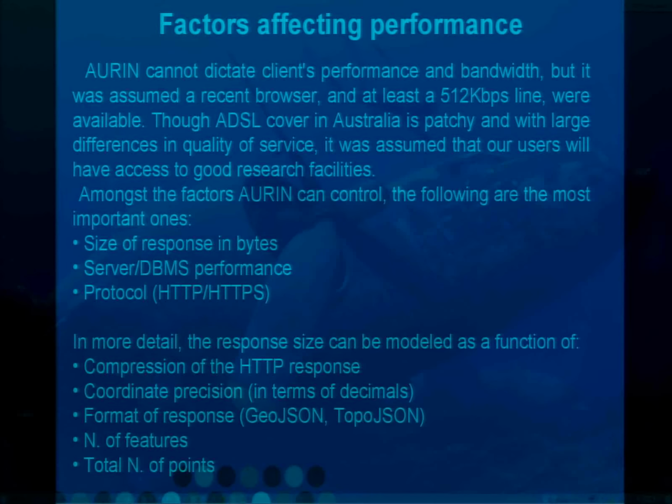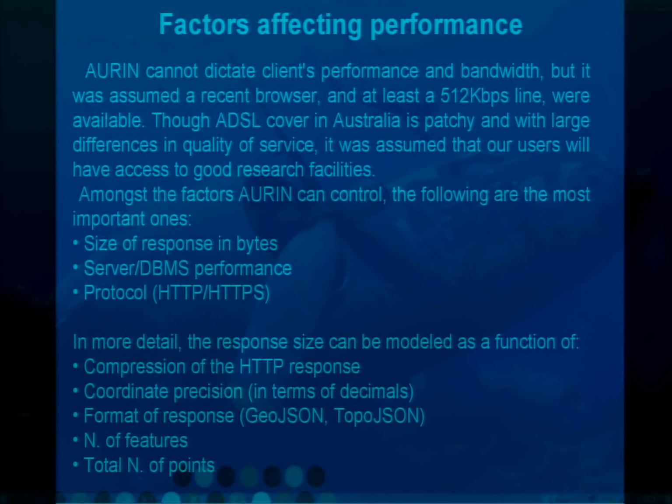Now, being a statistician by training, I wanted to build a model of this. So I started thinking about what the factors affecting performance could be. Rather, the factors affecting performance that I could control. So there were, of course, the size of response in bytes, which I suppose was one of the most important things, but it's one of the factors.